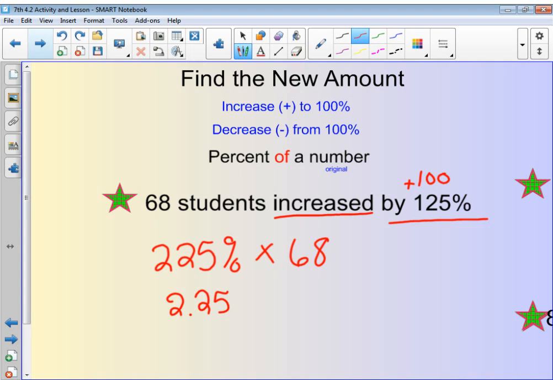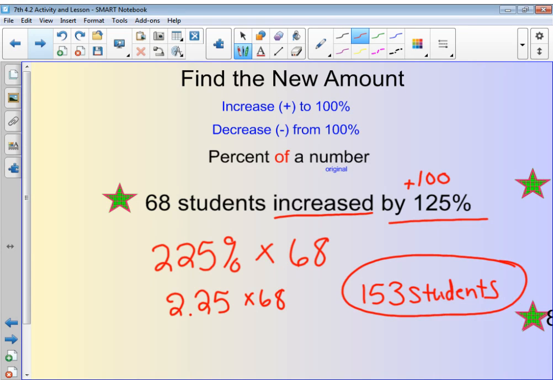That's our decimal form of that times 68. Okay, so we should end up with a number that's much larger than 68. So 2.25 times 68 gives me, now I have 153 students. Okay, now let's try one more.